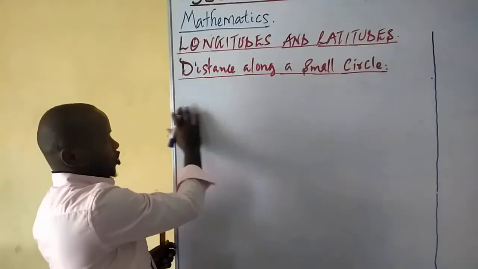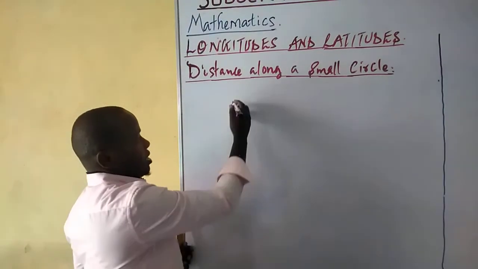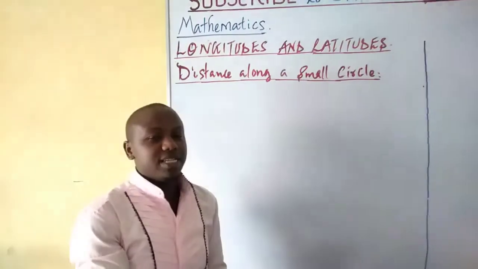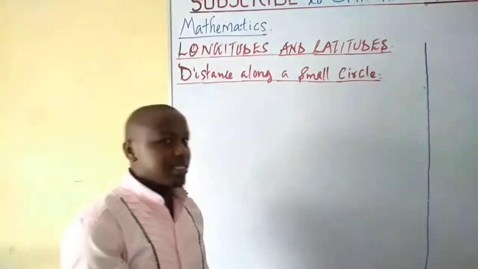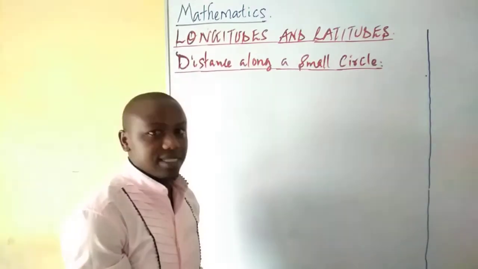I can give the relationship between nautical miles and kilometers. Nautical miles is the unit used to measure distance in the sea and in space, or the distance used by the sailors.